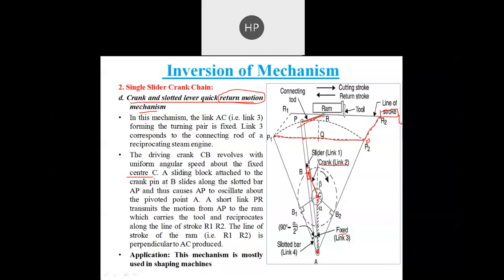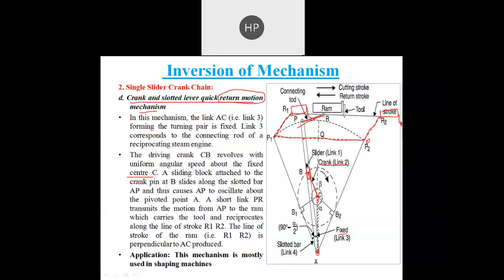So the cutting tool will reach this maximum point, and as this point moves to P1, from here is the connecting rod, and from here we have this ram and this tool.